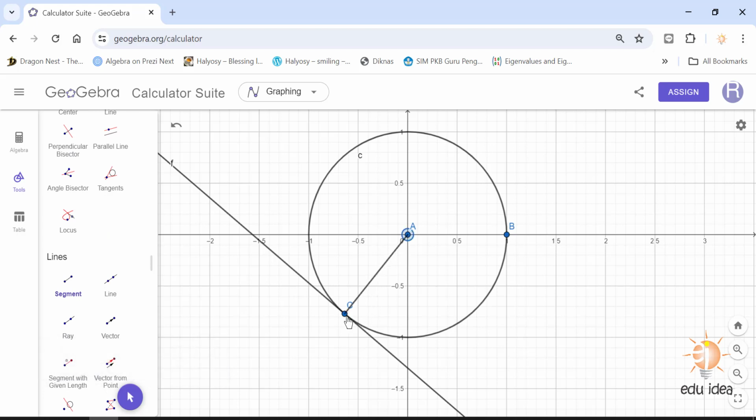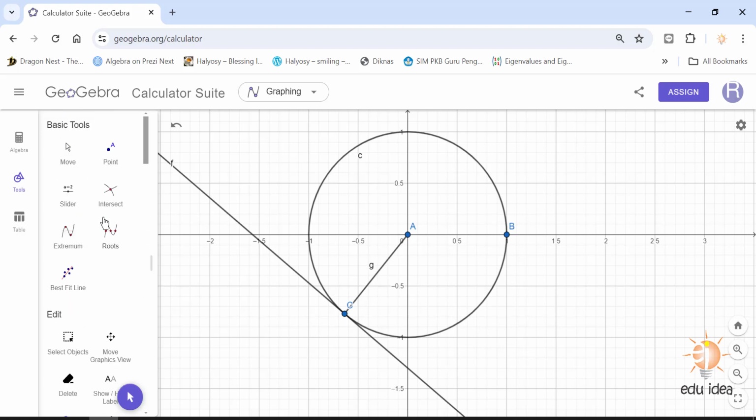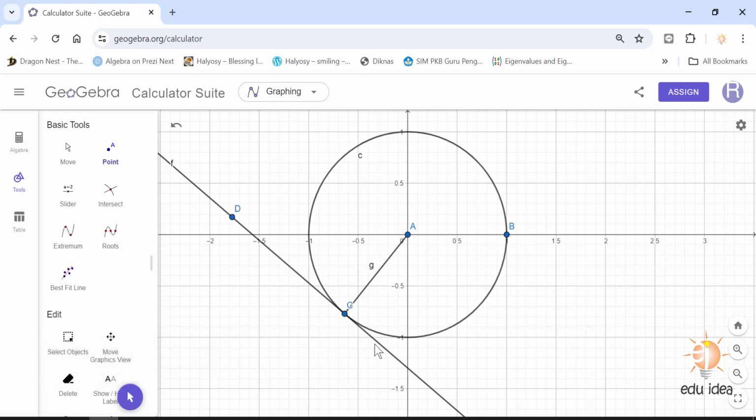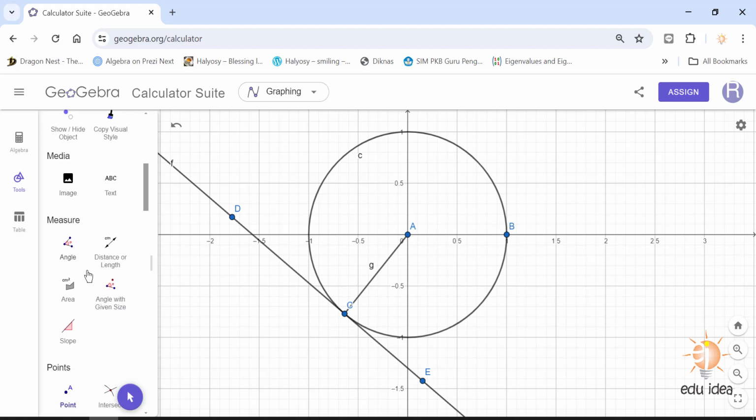From A to C, this is the radius. So what is the connection between the radius and this line over here? So what we're going to do is measure the angle. So let's say I have any point on the tangent anywhere I want. For example, here, it doesn't matter, because we want to find the angle over here. Now we're going to find the angle EC2.